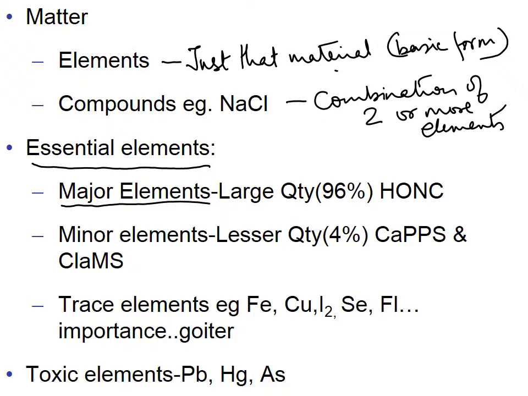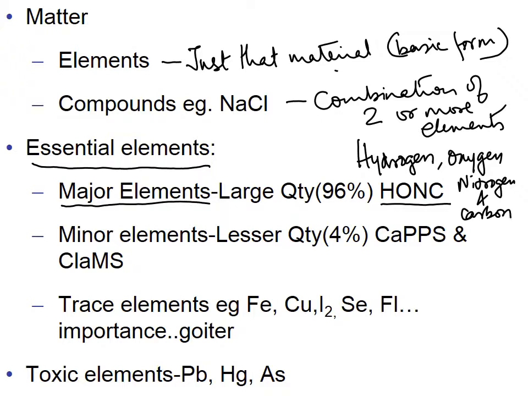And what are they? I would like you to remember something known as HONK, which stands for hydrogen, oxygen, nitrogen, and carbon. Okay, and this makes up 96% of the living matter that exists in a human system.